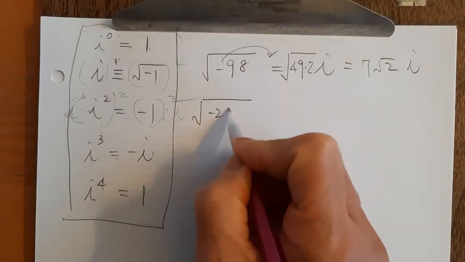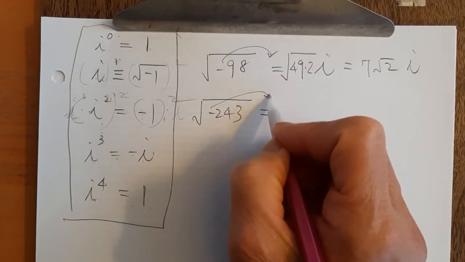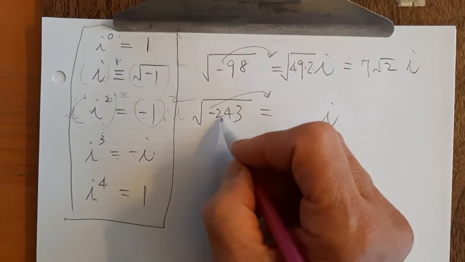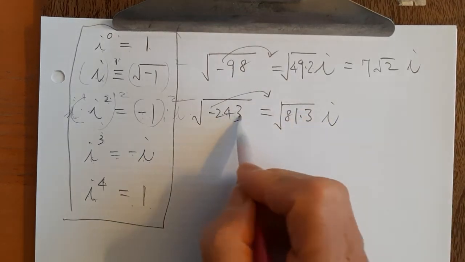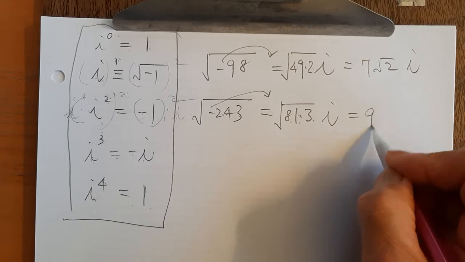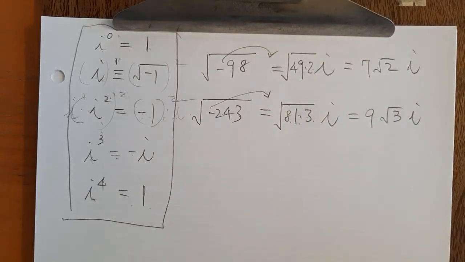Square root of -243. Quick way is negative sign goes out, get I. And square root of 81 times 3. 243 is 81 times 3. 81 takes square root of 9. And 3 cannot square root out. 3 I.